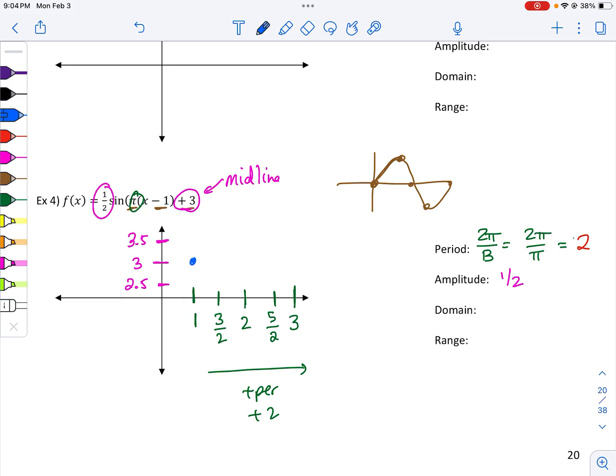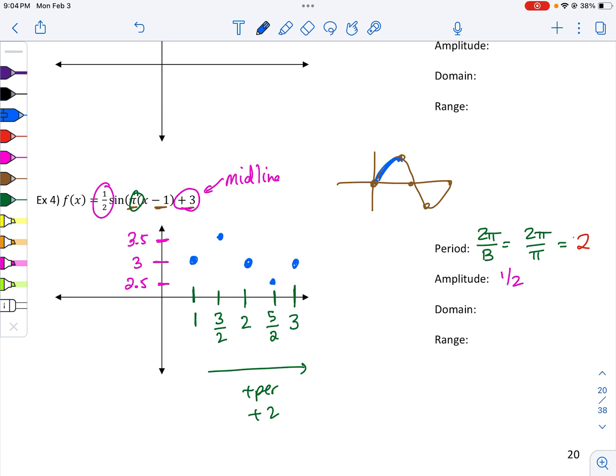So we're going to go right here, and this is going to be my midline. Now we know we're going to hit our midline again at 2, and we're going to hit our midline again at 3. Okay, and our graph goes up first. So at 3 over 2, we're at 3.5. And then it's going to come back to the middle, and then it's going to go down. So at 5 over 2, we're at 2.5.